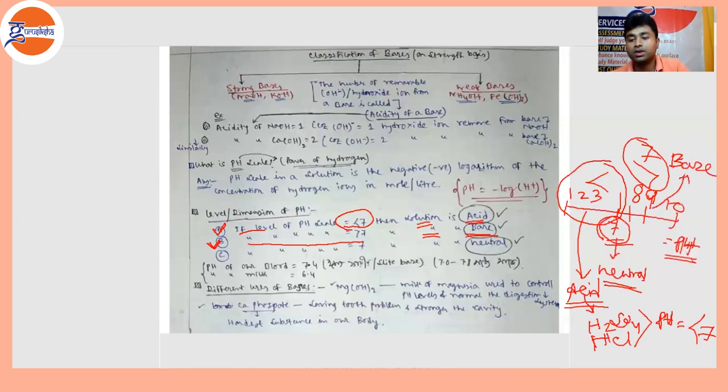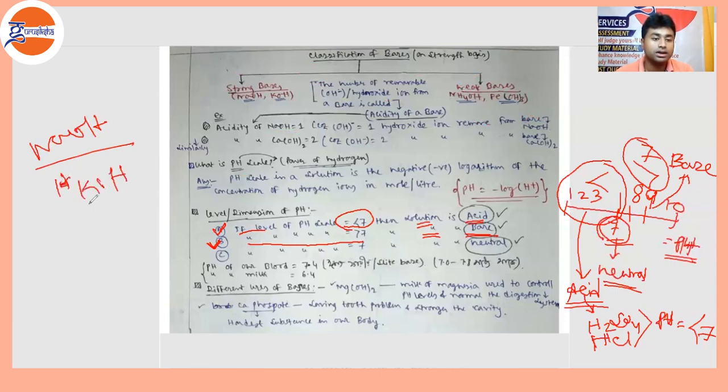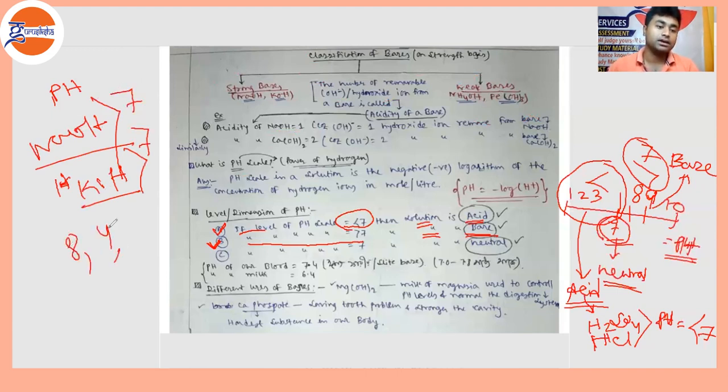So you can easily get the point of what is defined as a base. Suppose NaOH, KOH, which I have already mentioned, have a pH value definitely greater than 7, supposed to be 8, 9, 9.7, or 10. So the value of a base is definitely greater than 7.